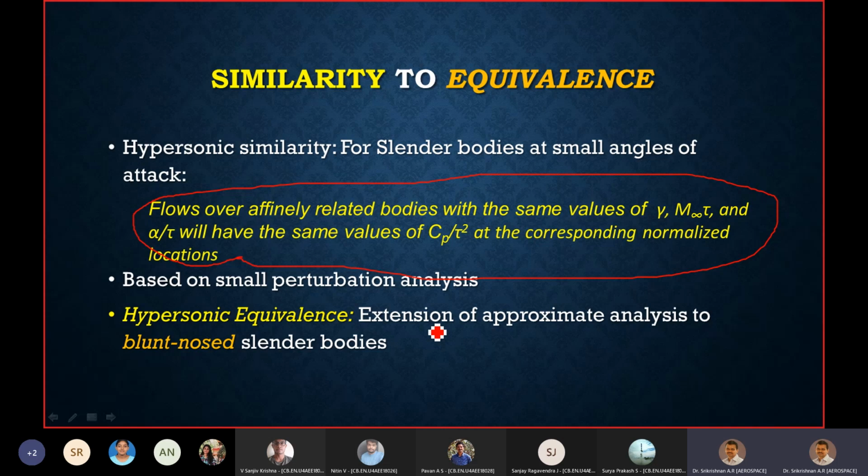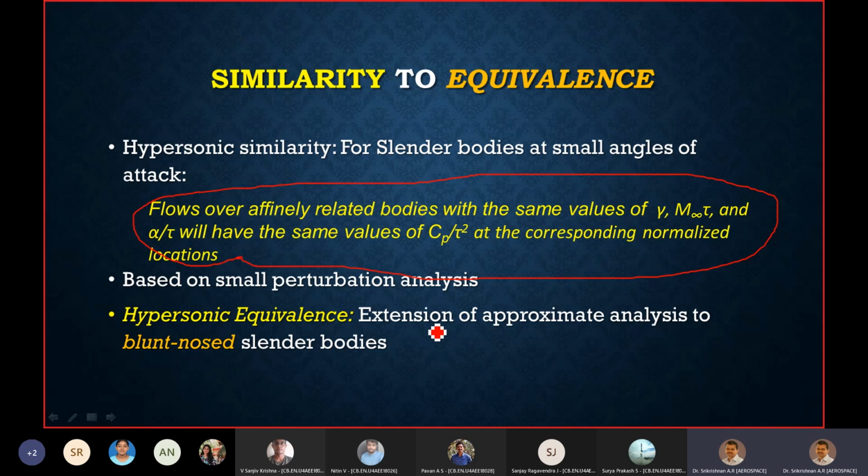It is restricted to the assumptions of small perturbation, inviscid flow, and axial variations being lower compared to normal variations. All that we carry forward with small perturbation analysis, and the bodies have to be invariably slender, and the leading edge should be slender as well. So you need to have a sharp leading edge, etc.